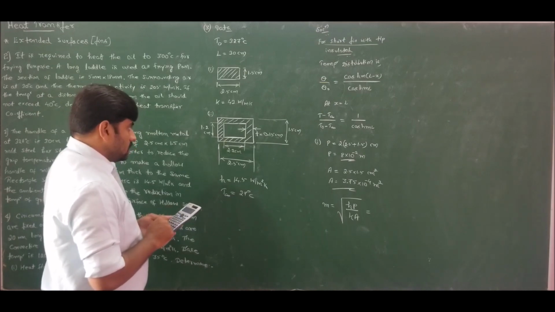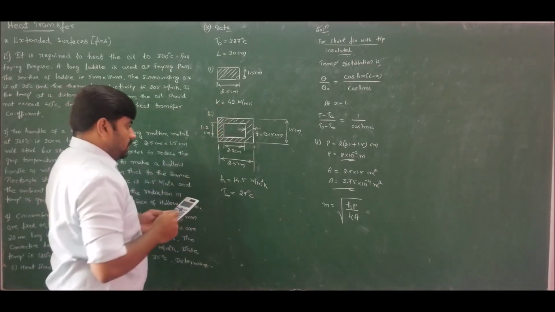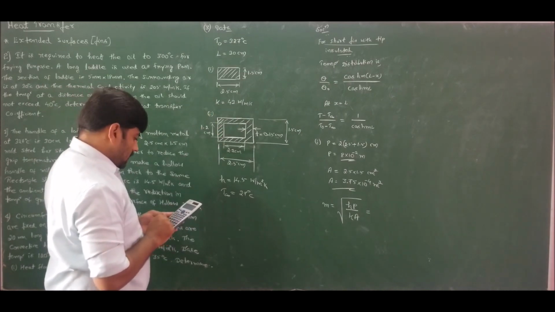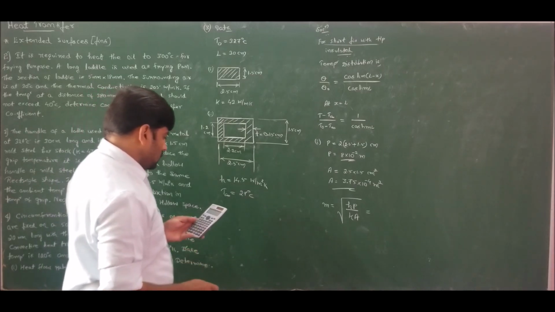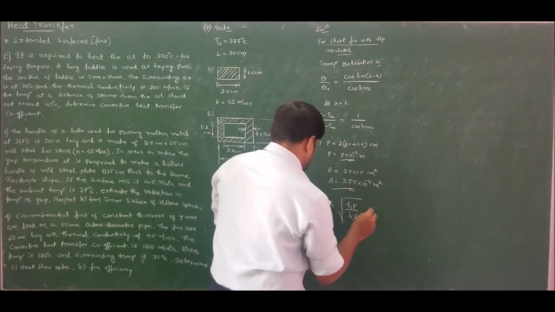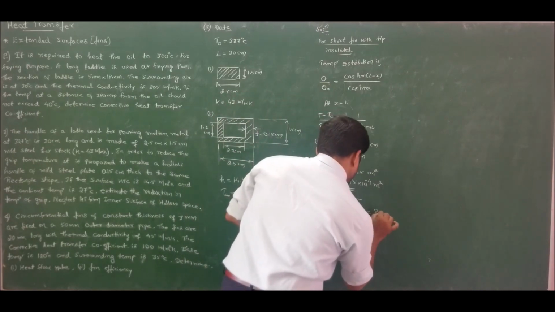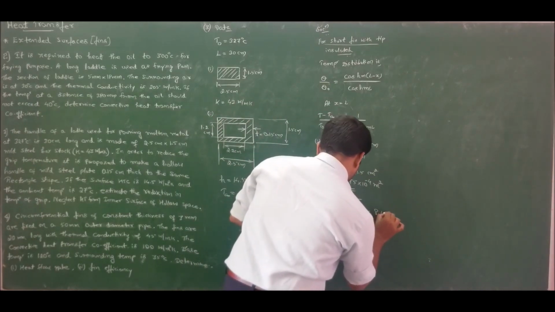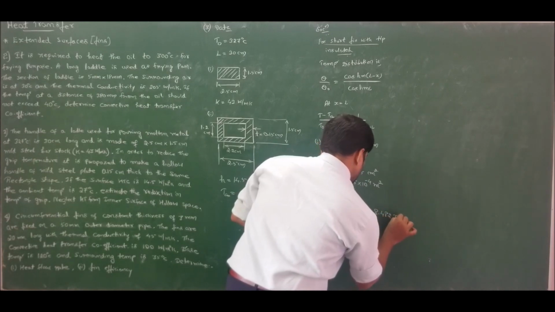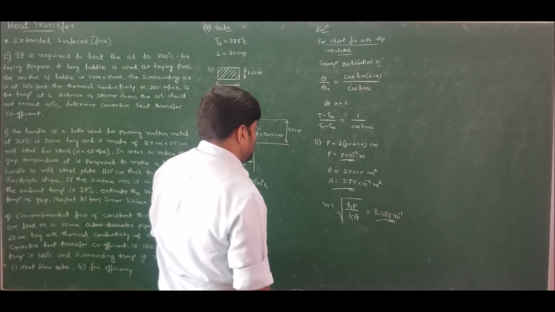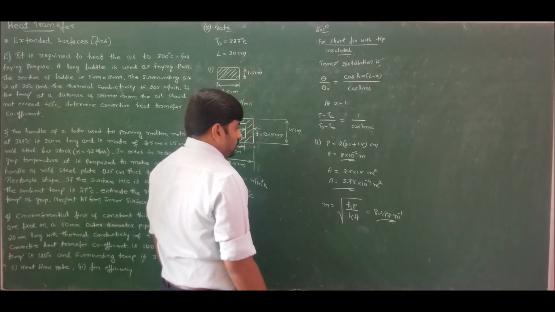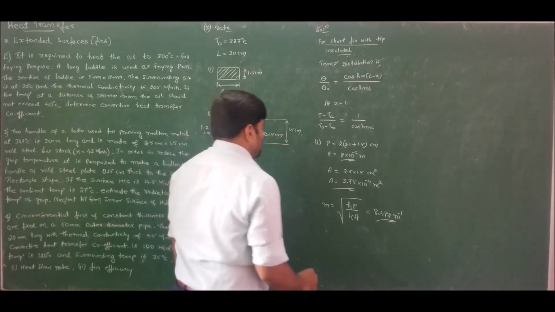Thermal conductivity is 43 given, and cross section area is 3.75 exponential minus 4. So if I solve, I am getting the value of m for case 1 as 8.482 meter inverse.